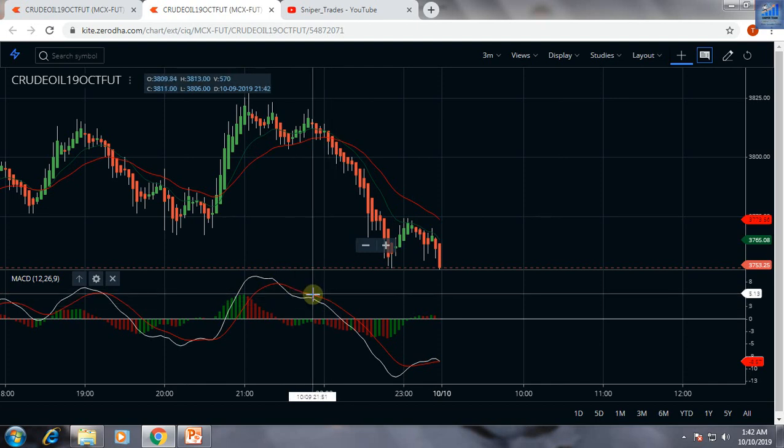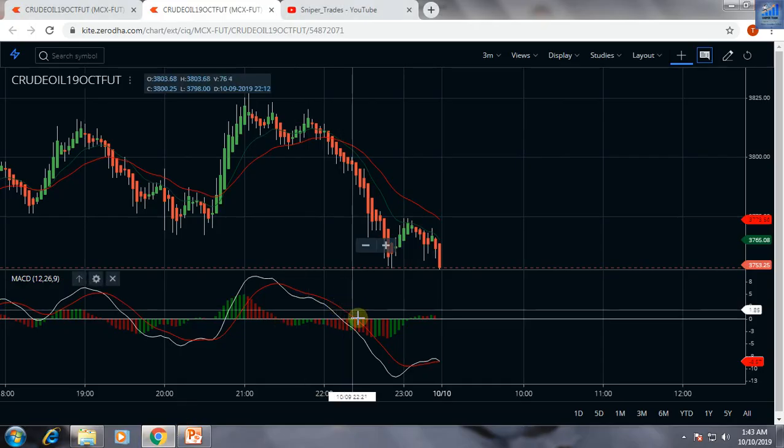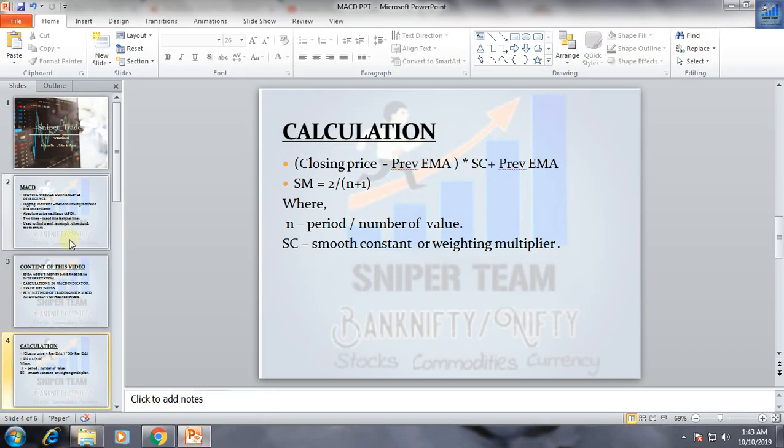To calculate this red line, we will take the previous 9 days, add them together and divide by 9. That is how we will calculate this red line. So that is how the calculation is.